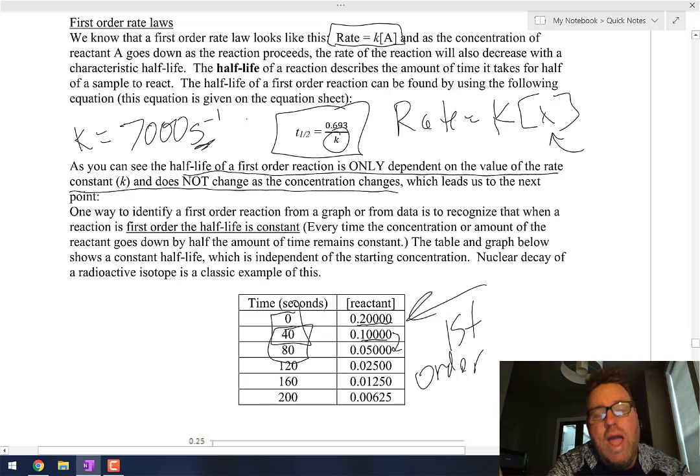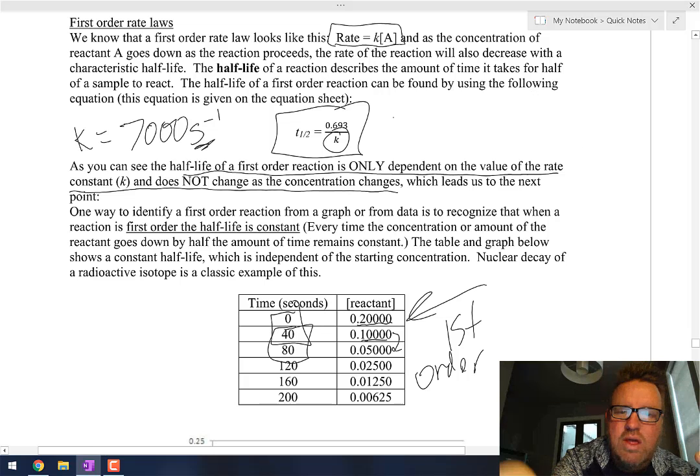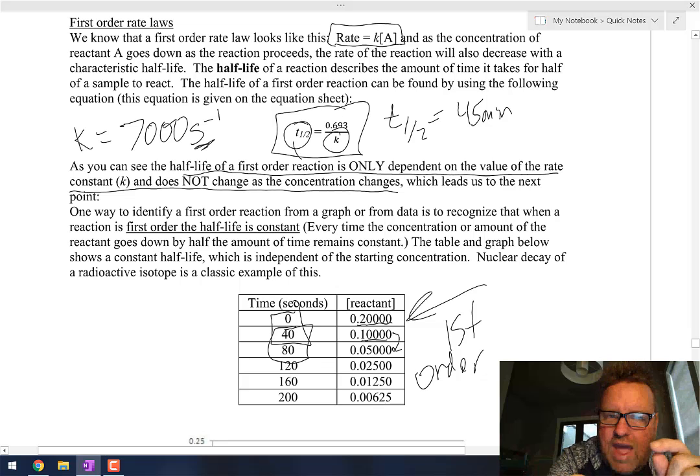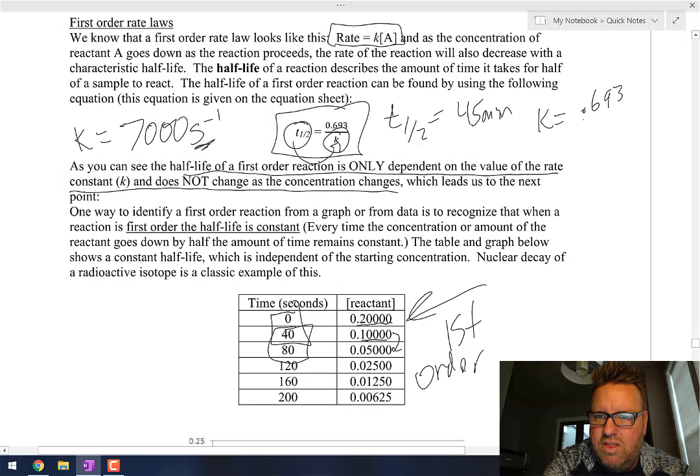Okay, and also, if you know the half-life, let's say they tell you the half-life equals 45 minutes, and you know it's first order, you can use the half-life to find the rate constant. K would equal 0.693 over the half-life, which in this case is 45 minutes.